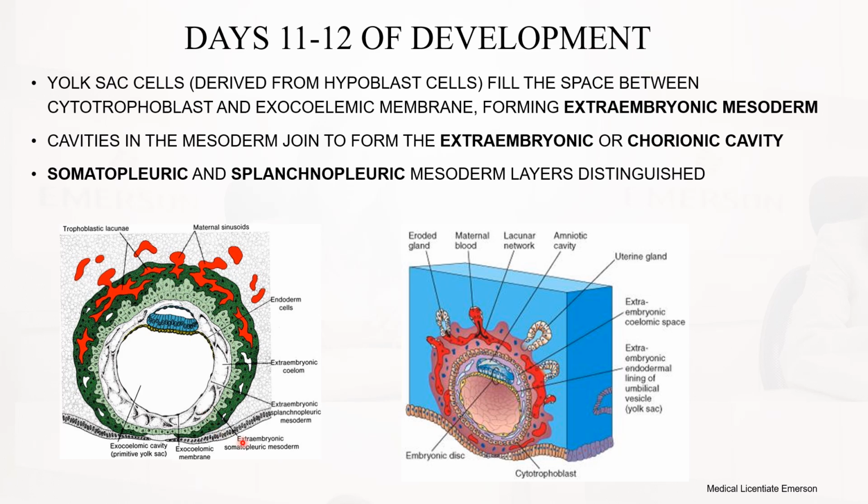So in short, we have the extraembryonic somatopleuric mesoderm and the extraembryonic splanchnopleuric mesoderm, so that you won't forget them. Those were the mesoderm layers that were later distinguished. Okay, so that is the 11 to 12. This is what happens during the 11 to 12.